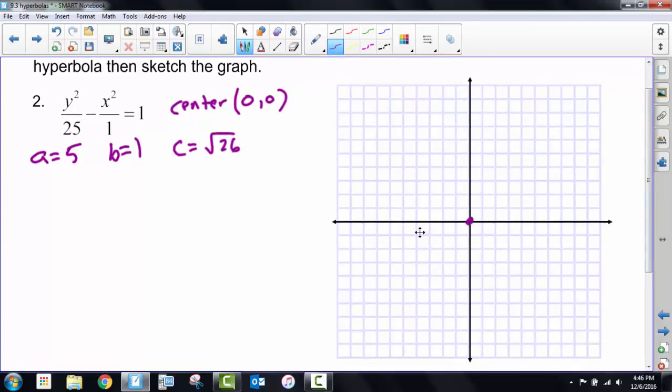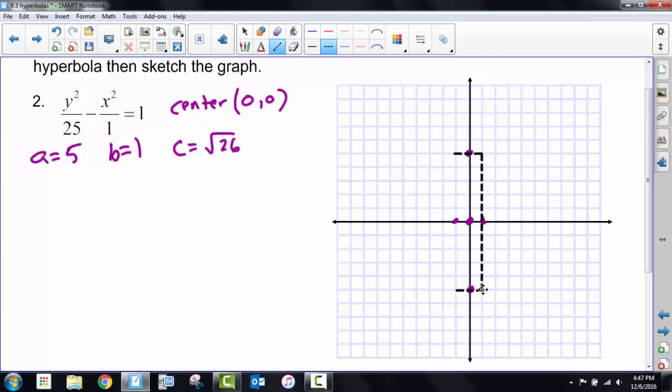Once you get here, it's really not too big of a deal to go ahead and draw your center and then start sketching your box, or your rectangle I should probably say. Now this rectangle is a little funny because it's so narrow and tall, so a little different than some of the others, but that's fine.